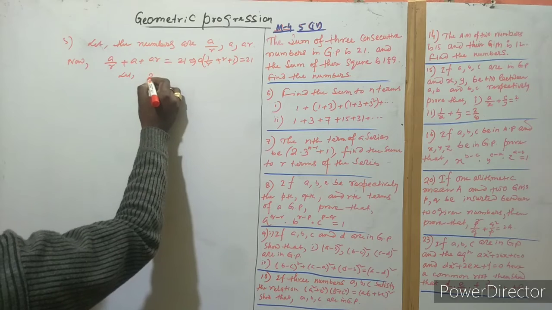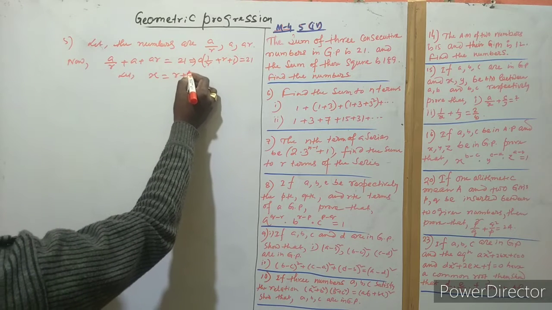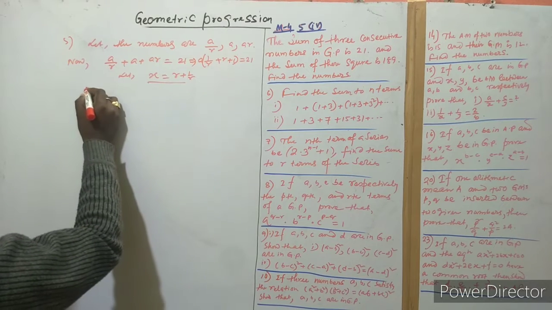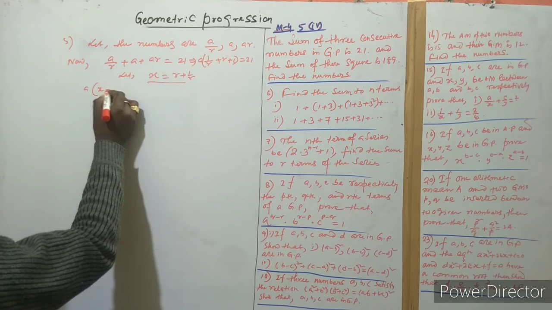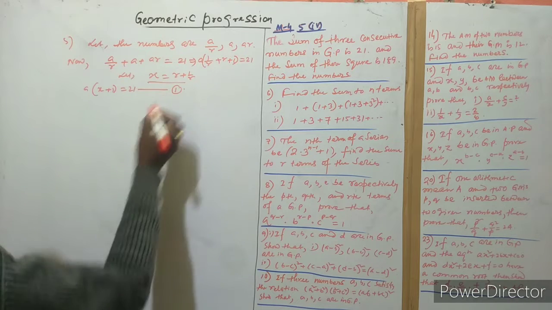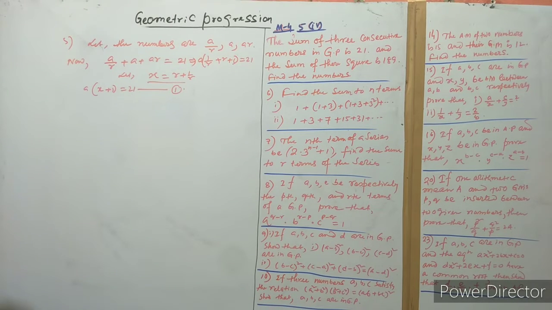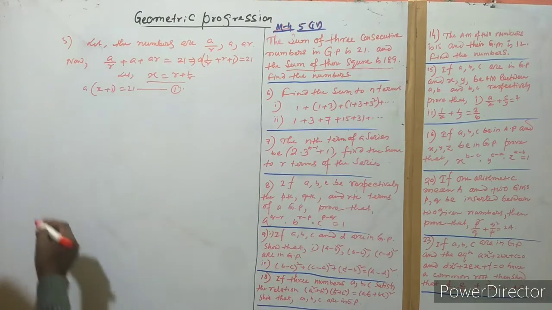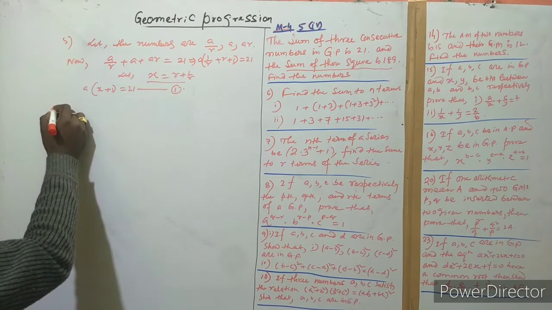Now let x be equal to r plus 1/r. Then the equation becomes a(x + 1) = 21. This is equation 1.